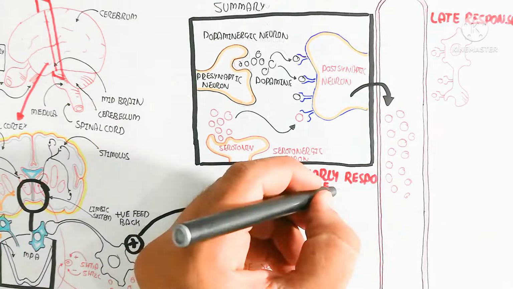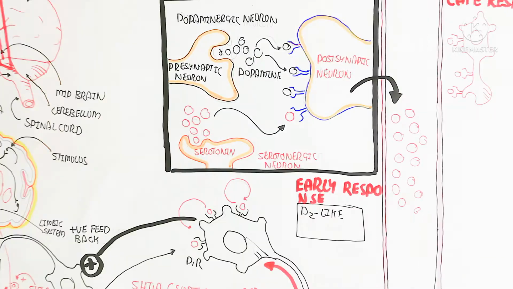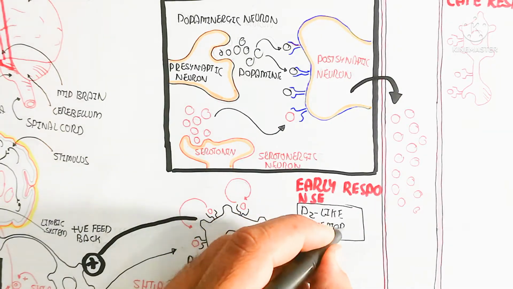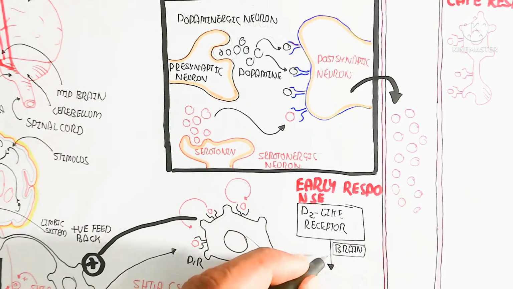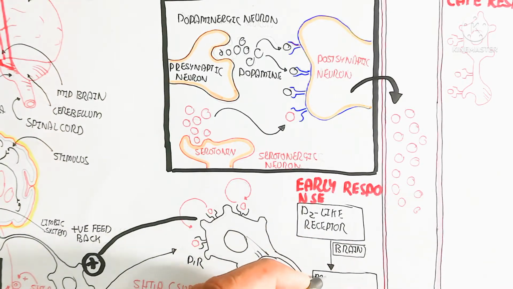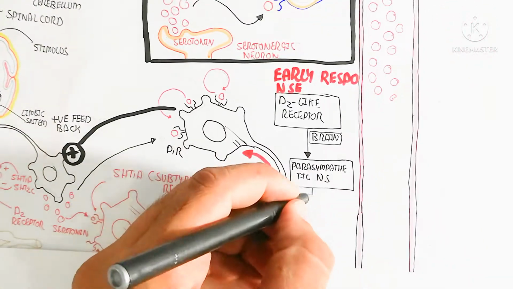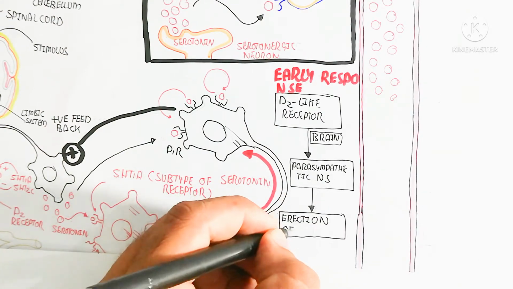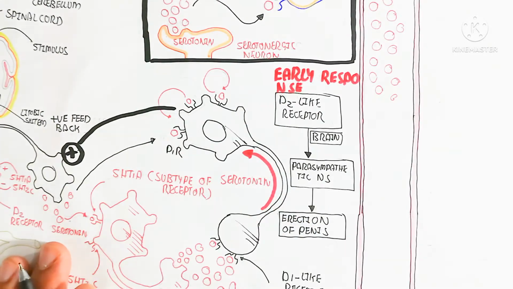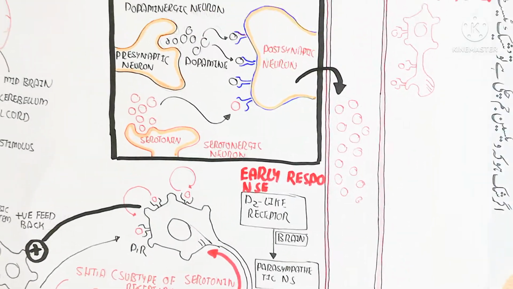So we will focus on cortisol only. First of all, the early response means the D2-like receptor will bind with dopamine, and in this way the brain is involved. And this parasympathetic nervous system activation will lead to erection of the penis. After the erection of the penis, the ejaculatory process and sequence of ejaculation will begin.